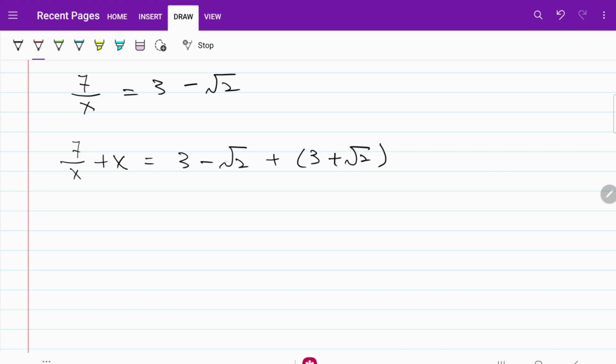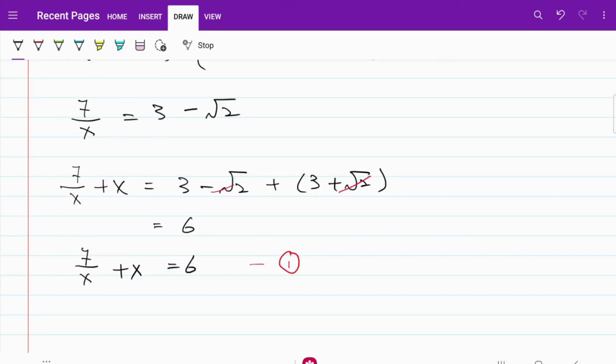If I do that, minus square root 2 and plus square root 2 will cancel each other, and I'm going to end up with 3 plus 3, which is equal to 6. In other words, 7 over x plus x is equal to 6. This is the equation that I'm going to be using. Let's call it equation 1.